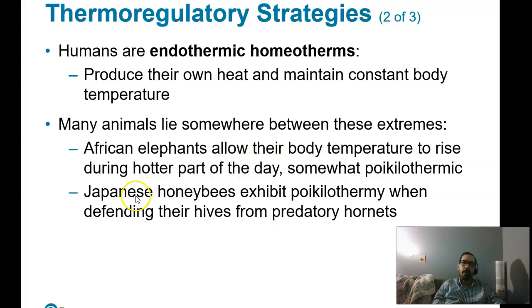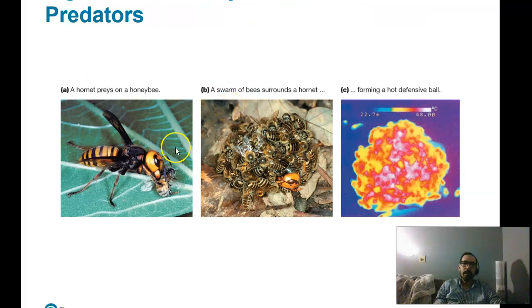And then you can also see this in things like Japanese honeybees that exhibit poikilothermy when they are defending their hives from predatory hornets, like the Japanese giant hornet. These hornets prey on honeybees. So when they find the hive, if it's just a single honeybee, it'll eat it or kill it.